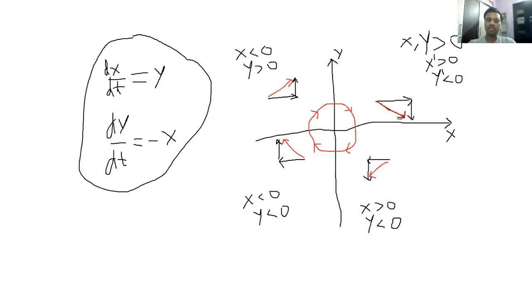So if the initial condition is given as S0, it will become I0. Means if S is S0, then I is I0 at time t equal to 0. Means I of S0 is equal to I0.